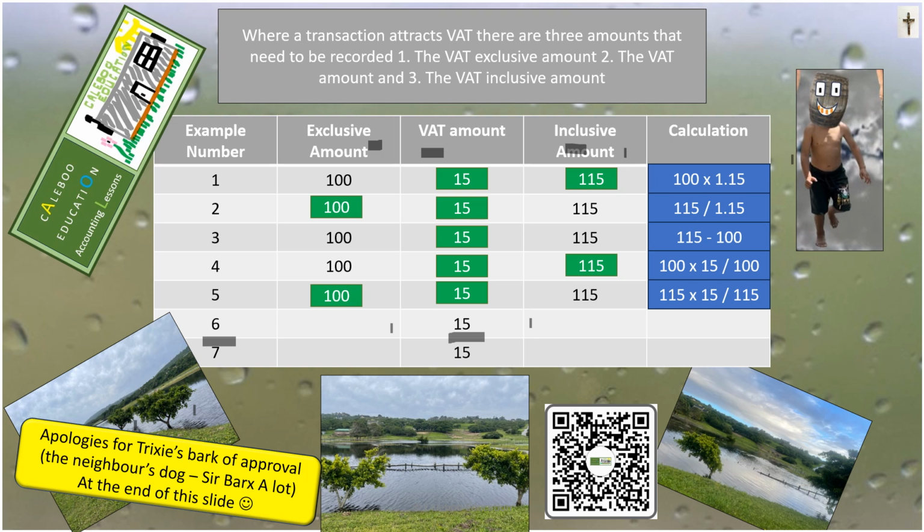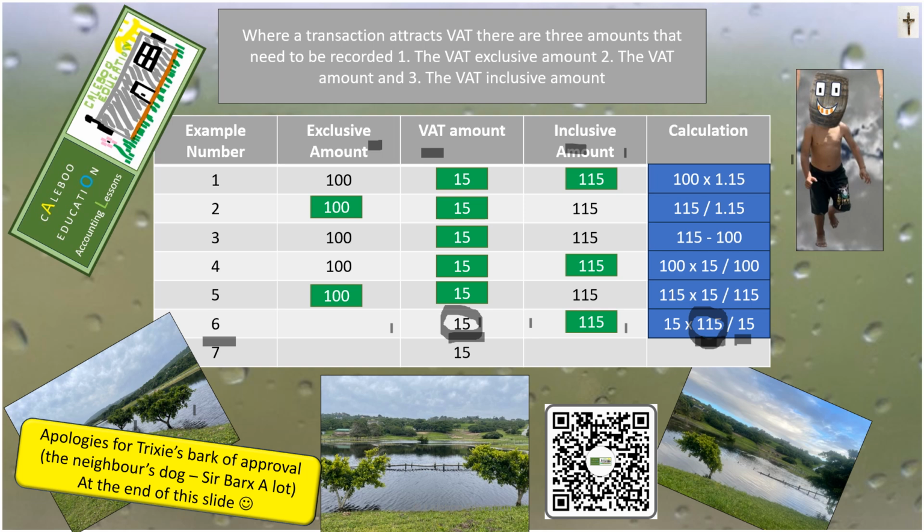And the way to do it is, if you're given the VAT amount of 15 in this example, and we multiply, the numerator is the full 115%, divided by the VAT rate, which is 15%, you will get 115. So the numerator is the exclusive amount plus 15%, which is 115.